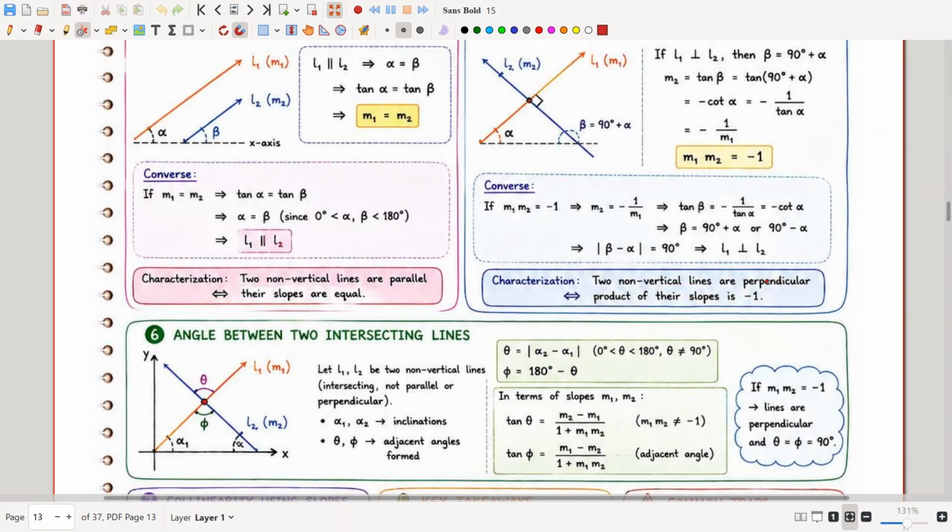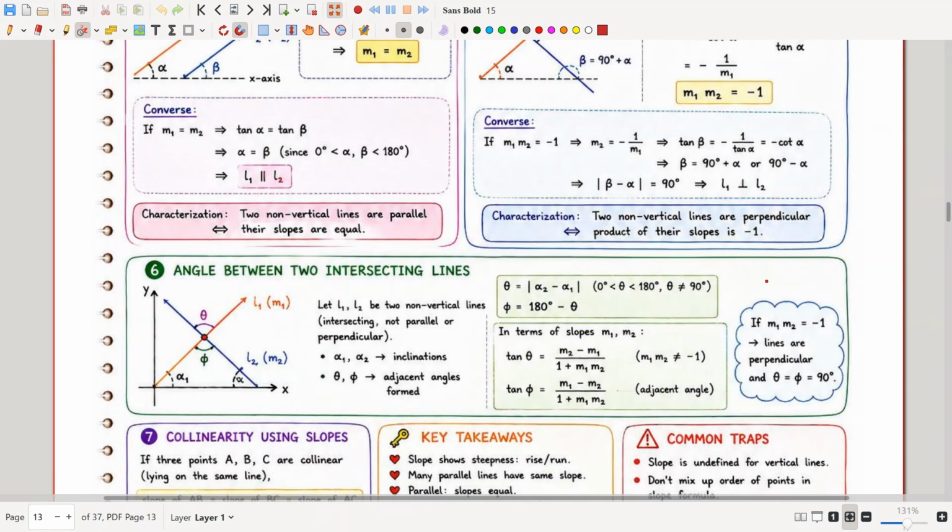We can also use slope to find the angle between two intersecting lines. Suppose we have two lines L1 and L2, and the slope of L1 is m1 and the slope of L2 is m2.